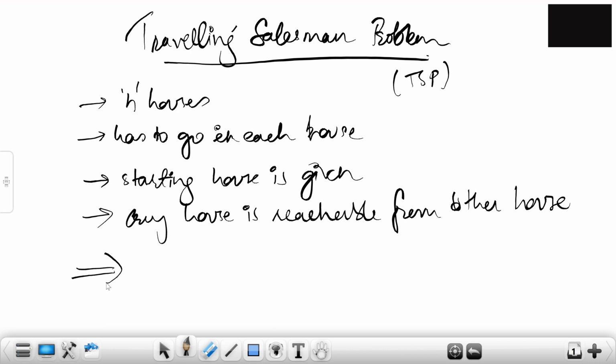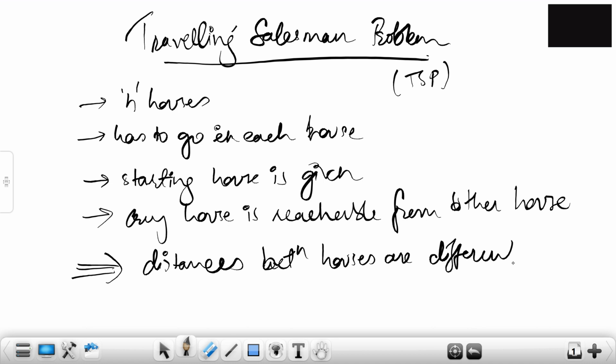The most important catch over here is that distances between houses are different. Is that clear?